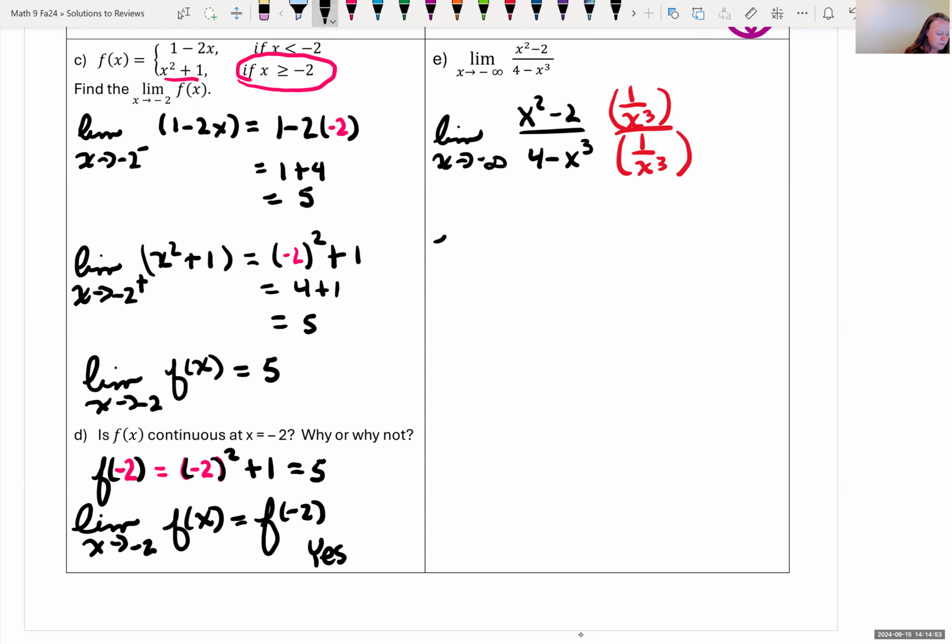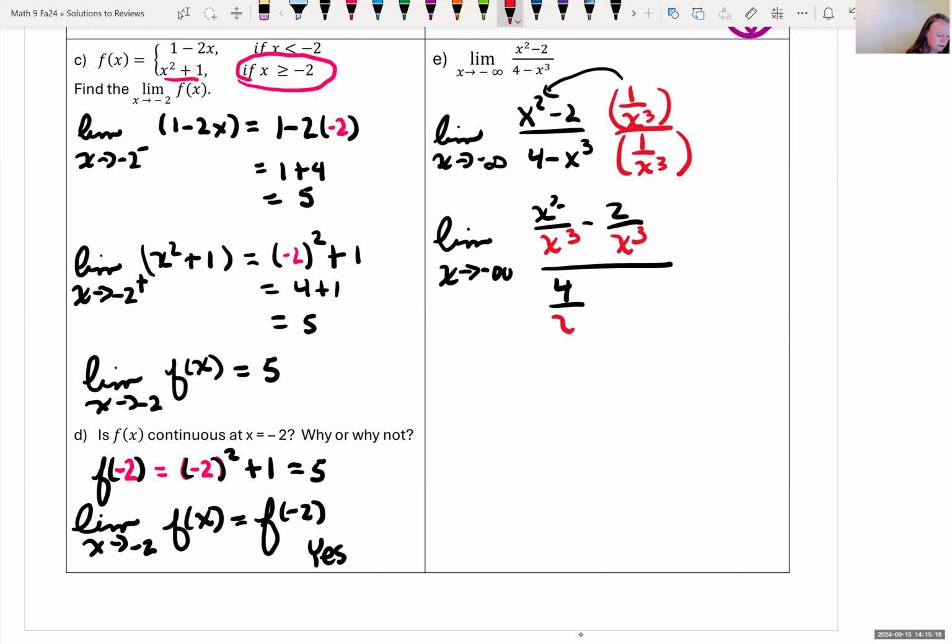So if we distribute this in the numerator, pulling down the limit because I haven't taken it yet, x squared all divided by x cubed minus 2 all divided by x cubed. And this is divided by 4 over x cubed minus x cubed divided by x cubed.